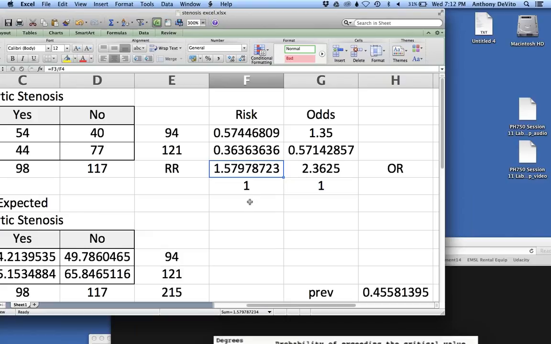So what we're really interested in is whether or not the 95% confidence interval for the risk ratio and the 95% confidence interval for the odds ratio exclude 1. If it's different than 1 and doesn't have 1 in it, what can we say? We can say it's different than 1, which is the same thing as saying that there's a difference in risk for smokers and non-smokers. There's a difference in the odds for smokers and non-smokers.